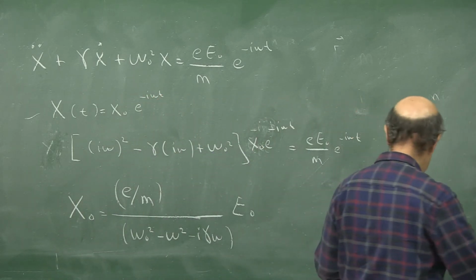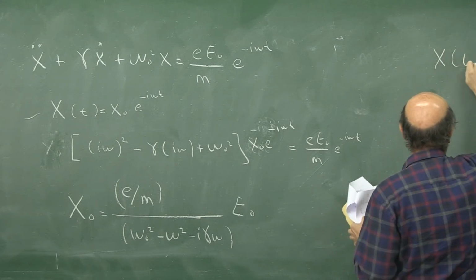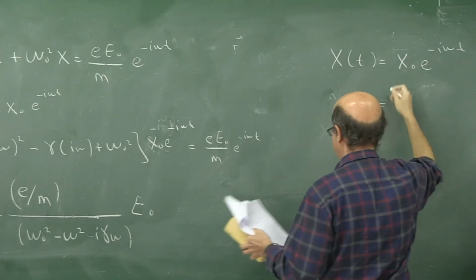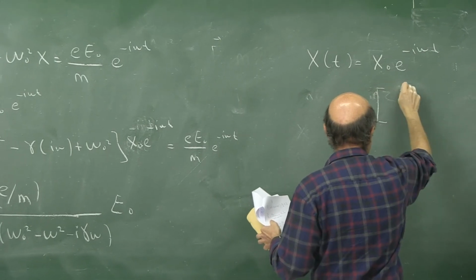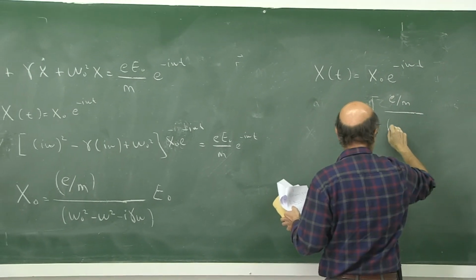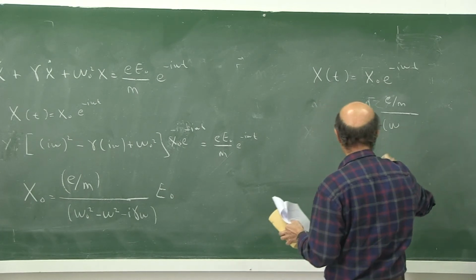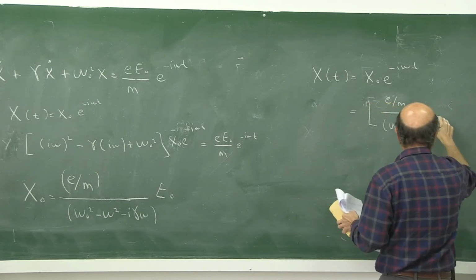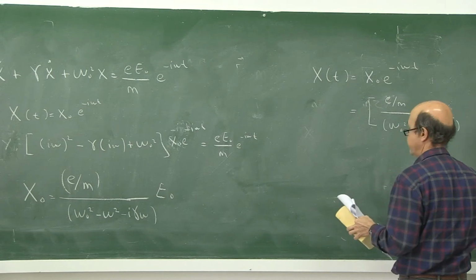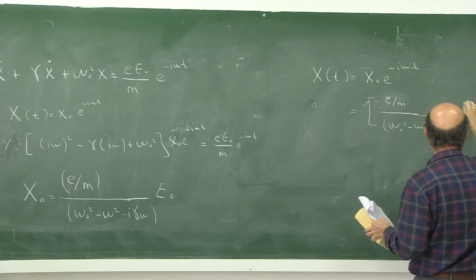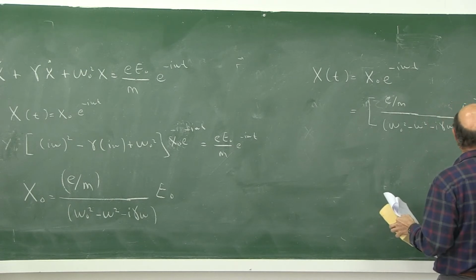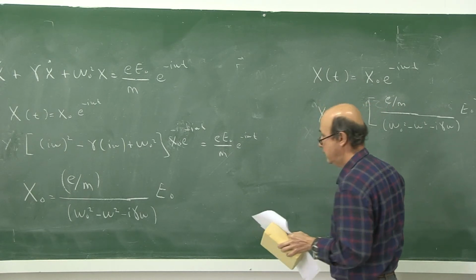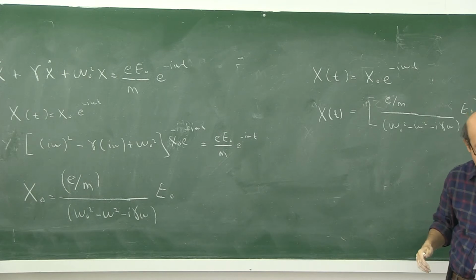Then you can write that x of t, x0 e to the minus i omega t, and x0 is over there, that is equal to E over m, omega 0 square minus omega square minus i gamma omega, times E0 e to the minus i omega t. Okay, this is the x of t, time dependent.